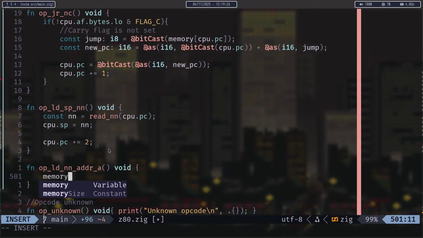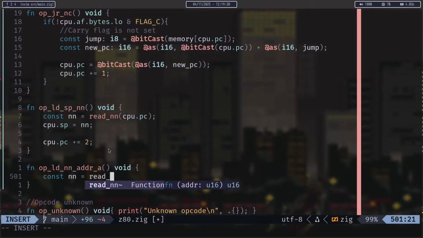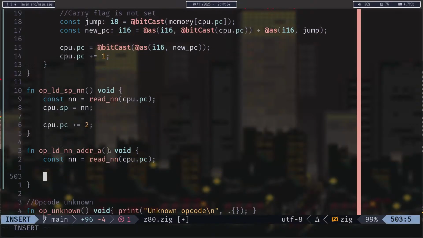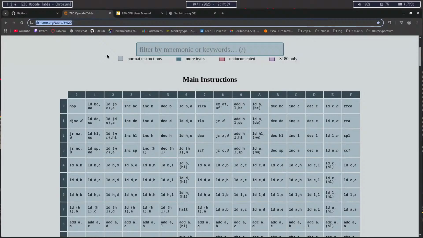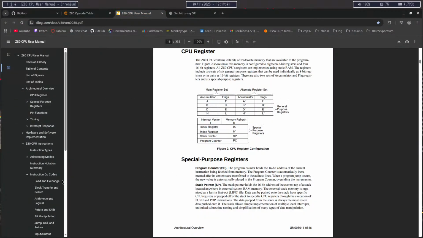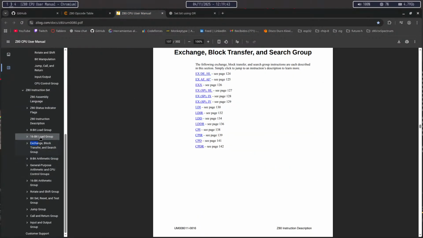So memory. I guess I would have to do const NN equals read NN CPU.pc. Then I have to say that memory. Actually, I don't know what I just typed, but that was a weird symbol. Anyways, let me actually look it up.